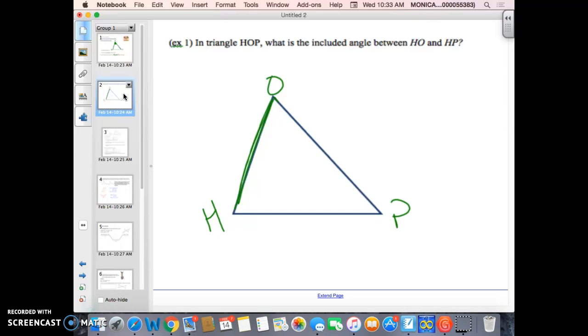And so the included angle is angle H. There we go. Okay? So please remember that's what an included angle is, and that's going to be important for us to prove that two triangles are congruent using side, angle, side. You need to have two sides that are congruent, and then the angle in between.